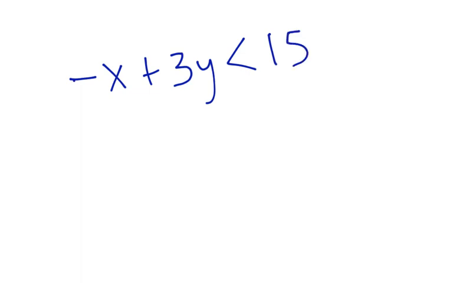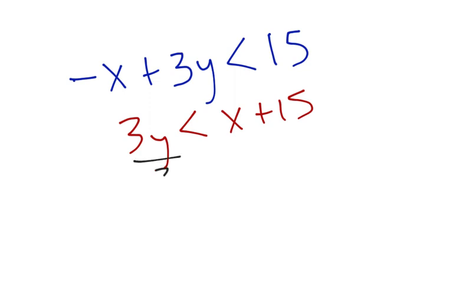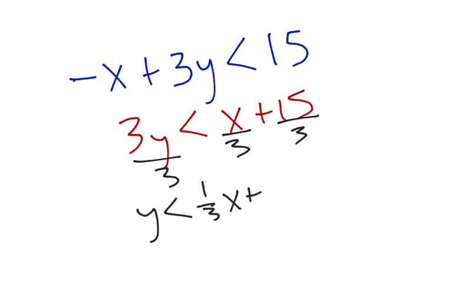I'd add the x and I get positive 3y is less than x plus 15. And then I divide by 3, and I would get y is less than 1/3 x plus 5.